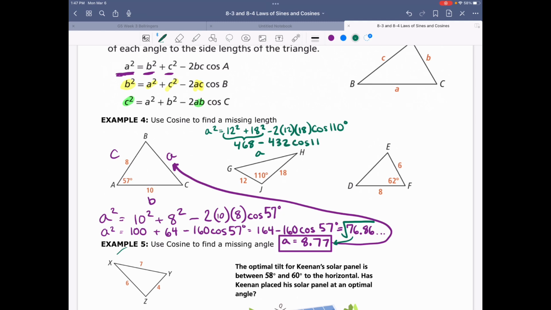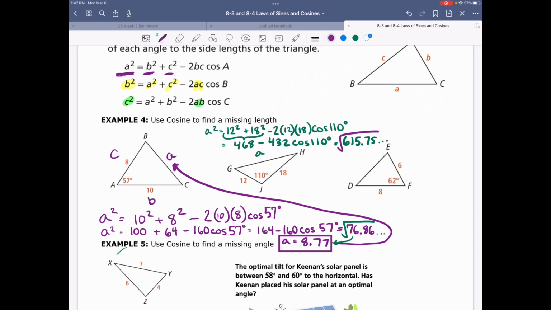So now I'm just going to put all of that into my calculator. 468 minus 432 cosine 110. And I get 615.75 dot dot dot. Then I want to take the square root. So in my calculator, I'm going to do second, and then it's the x squared button, second and the negative button, so that I have square root of my answer.